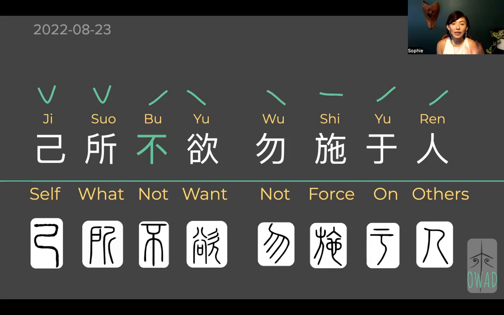So this becomes want. 己所不欲 means whatever you do not want or desire for yourself. 己, like for yourself. We didn't say all of that, we just say 己所不欲. And then what's the advice? Do not apply it onto others.